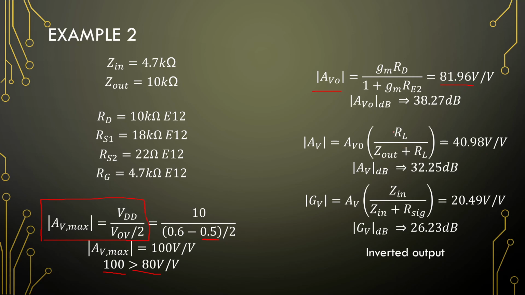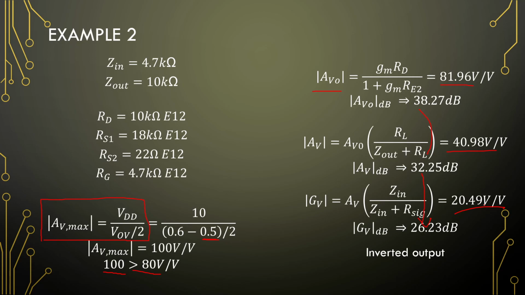So if your load and your output impedance is the same, this should be 40.98 volts per volt. See, there is a 6 decibel difference. And then going with a matched input impedance of Zin being equal to R sig. Look, 6 decibel drop, and this is half from the previous value. Okay, so half, half, half.